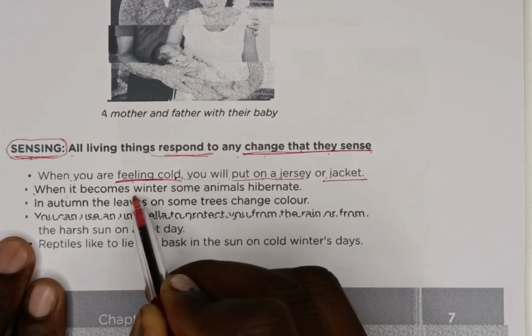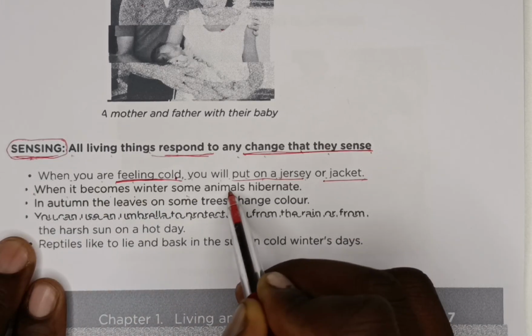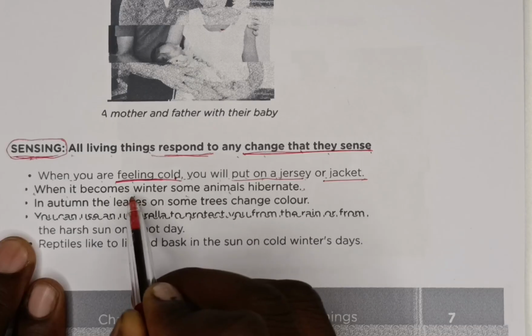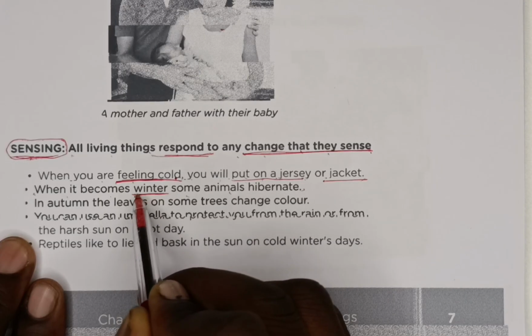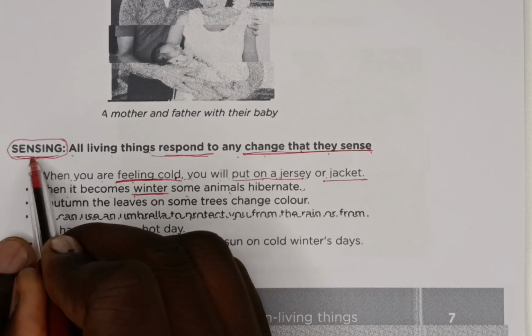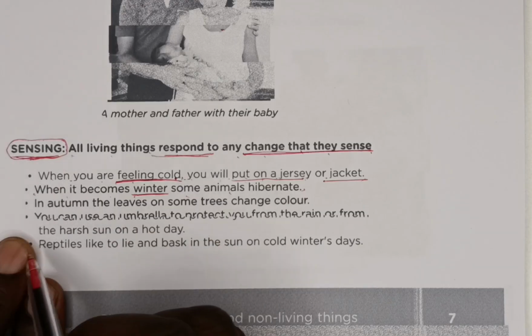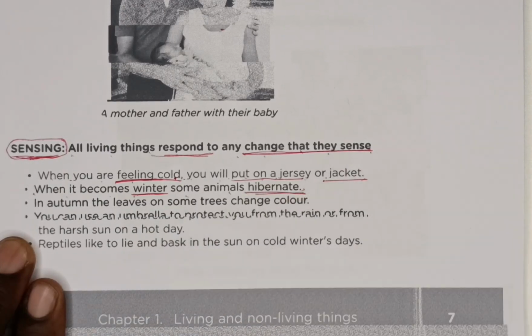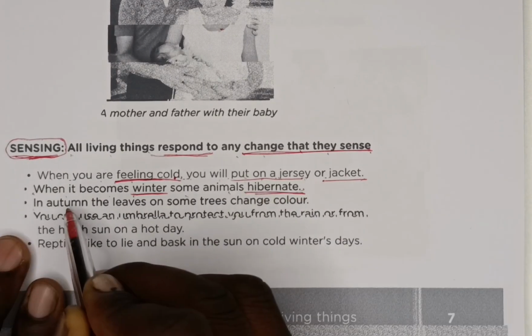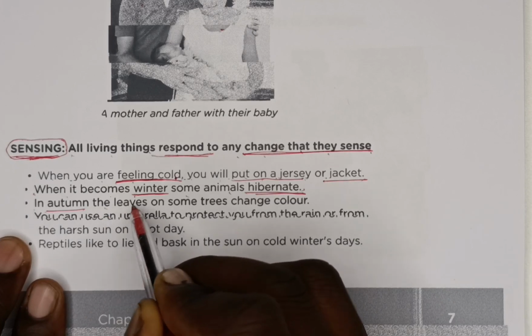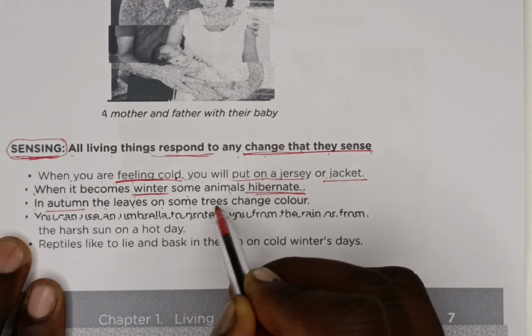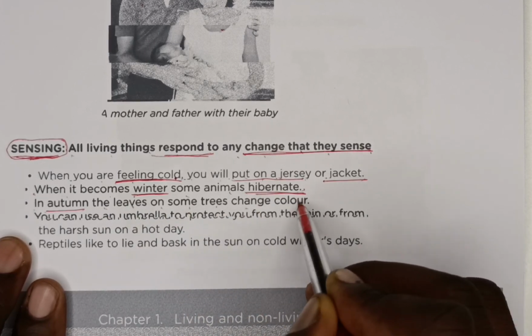When it becomes winter, some animals hibernate. So when it is winter, some animals sense that now it is winter and they go and hibernate. In autumn, the leaves on some trees change colors.